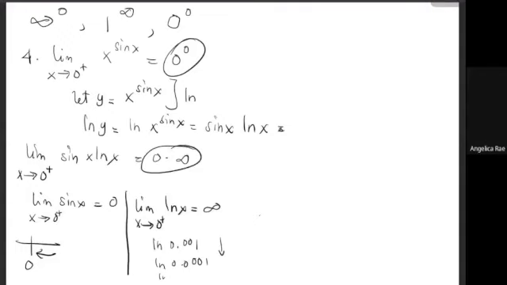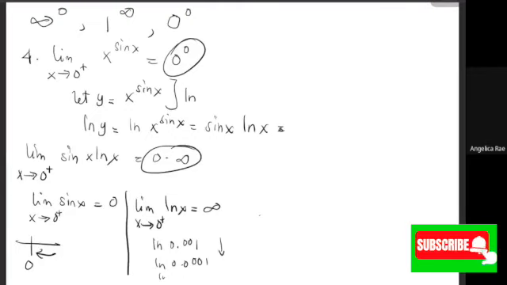But that is not yet allowed because we have to rewrite it, since you can only apply L'Hopital's rule if it is of the form 0 over 0 or infinity over infinity. So you have two options.